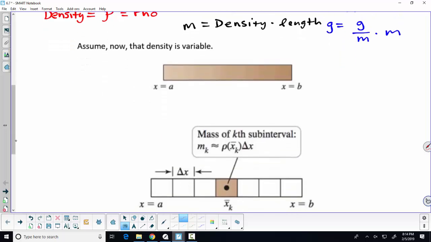The mass of the kth subinterval, imagine these are really, really tiny slices, is density rho of x times its length, delta x. So this is density times length, which gives us mass. We slice and sum all of that up, which leads us to our infinite sum, which leads us to our integral.